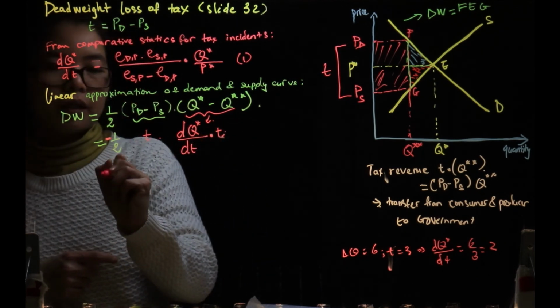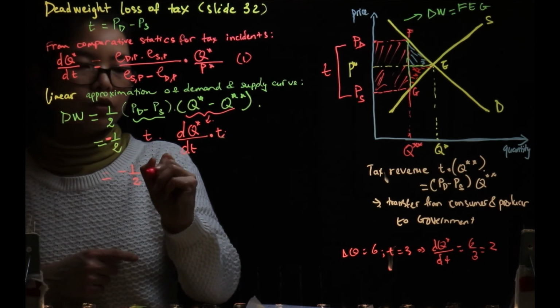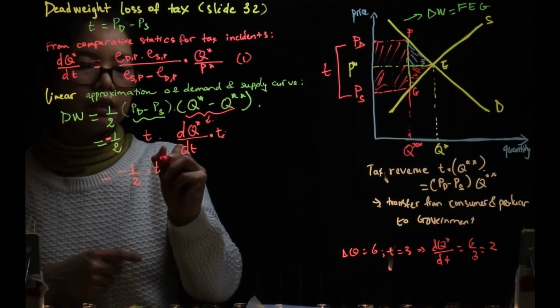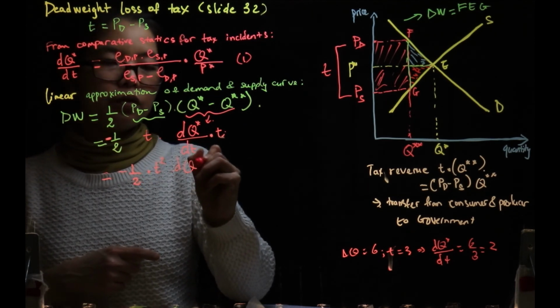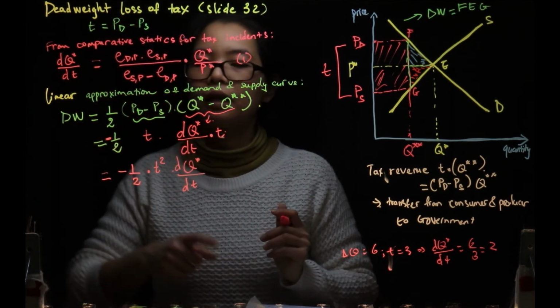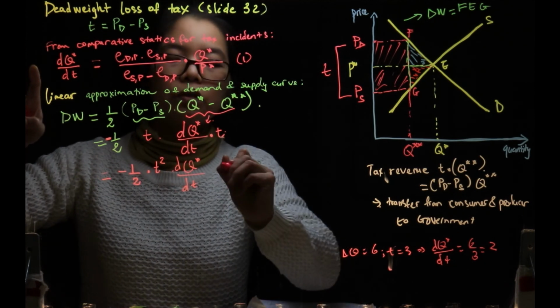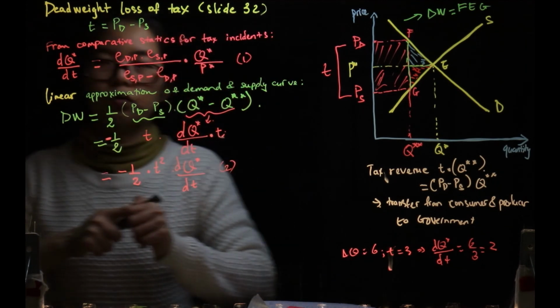Okay, let's simplify that. So minus 1 over 2 times t square dq square over dt. And then now we can substitute 1 into 2. Sorry.